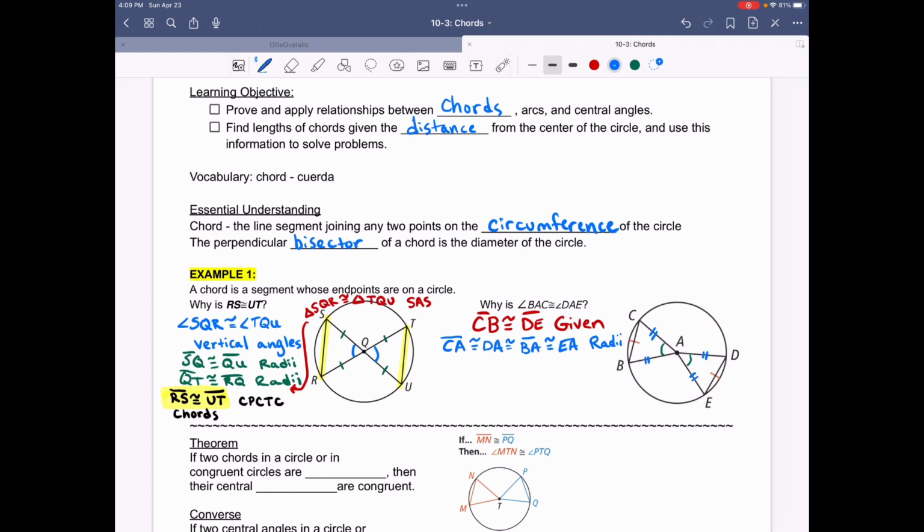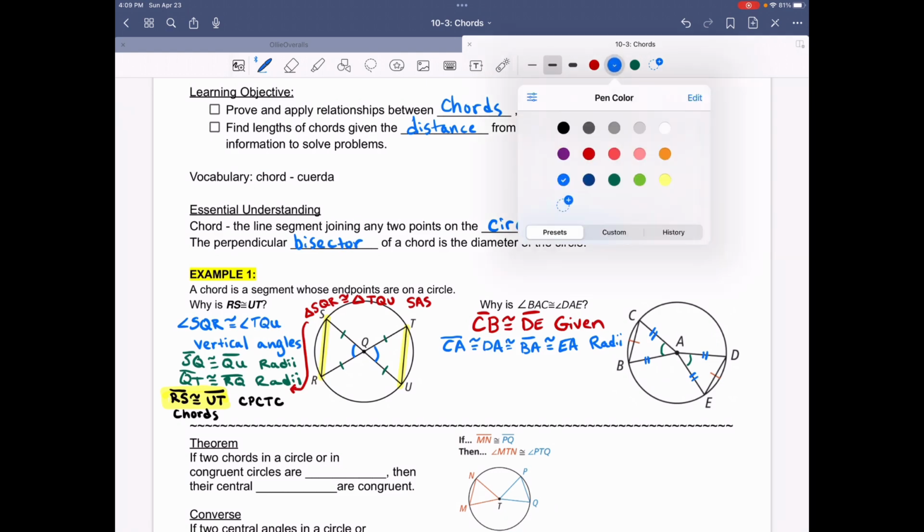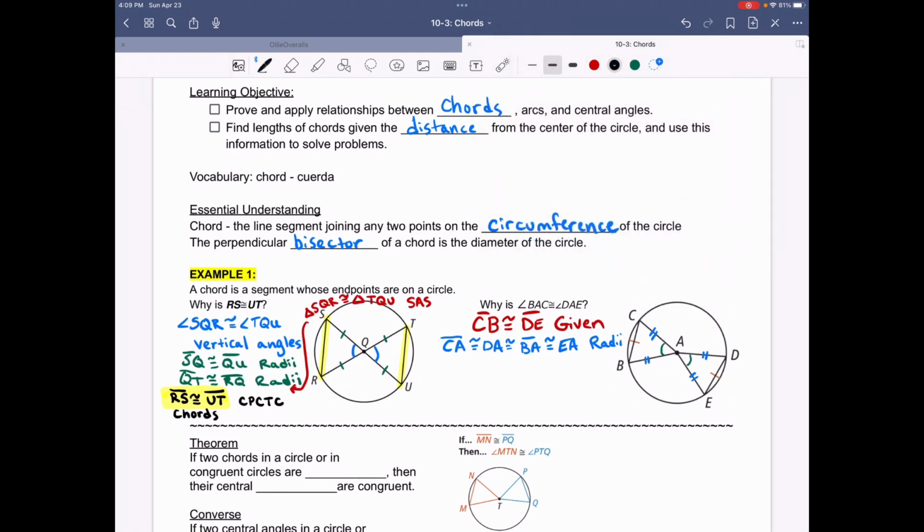And if that is true, then we can say that triangle CAB and triangle EAD are congruent because of side, side, side.